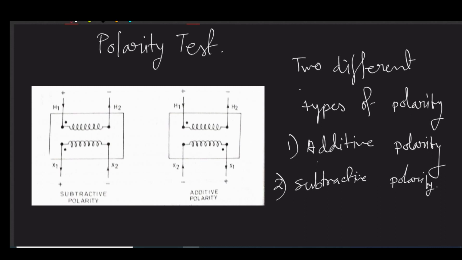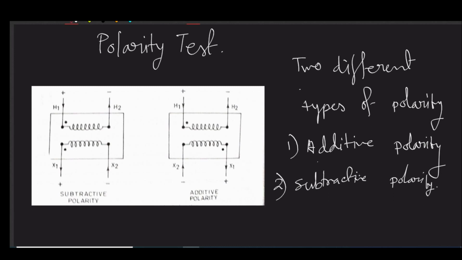So what is additive polarity? Additive polarity is like the transformer we discussed in our exact equivalent circuit. And the transformer that we discussed for our approximate equivalent circuit has subtractive polarity.